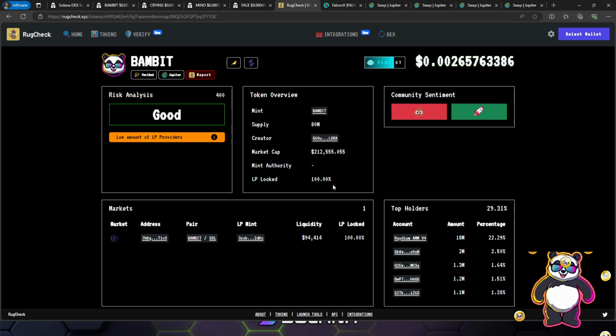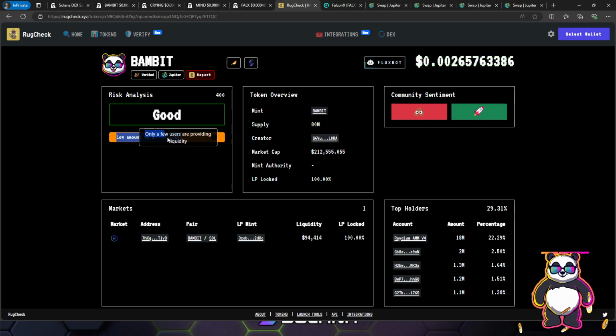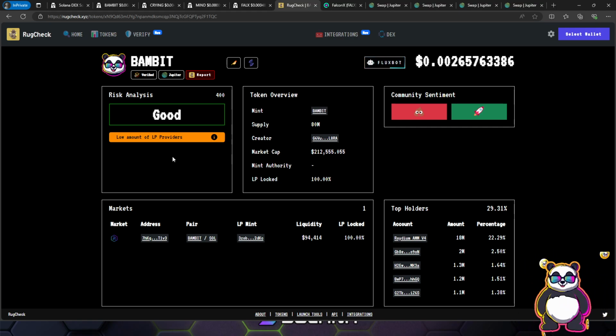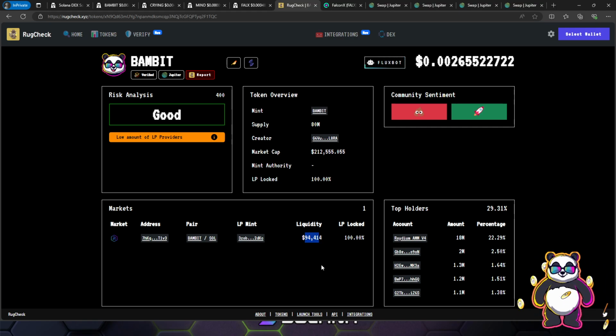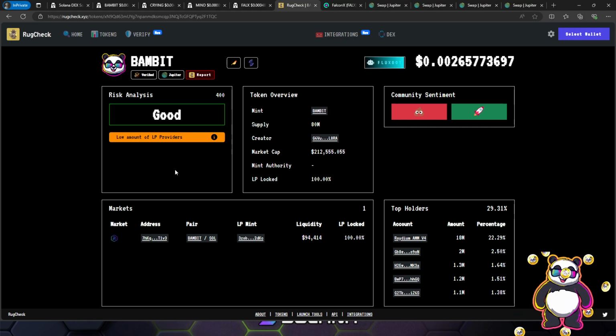That's what you want to see. This low amount of liquidity providers is actually a bug. There's no way it's low liquidity when Bambit's market cap at the moment is 212,000 and the liquidity pool is almost 100k. That's almost a 50% ratio. That's not a low amount of liquidity provided.